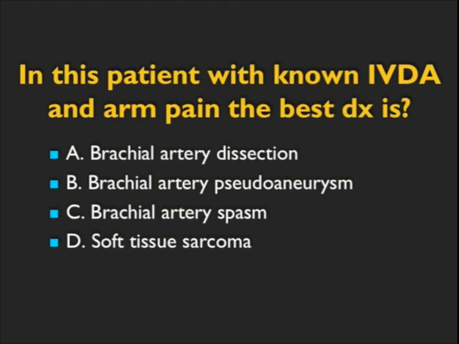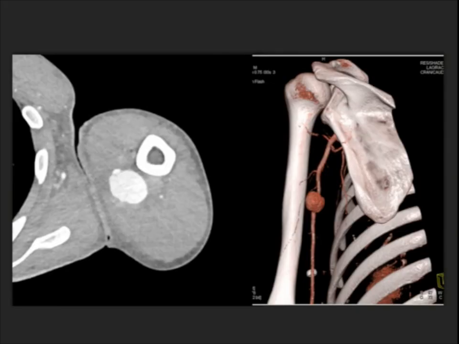This patient had known IV drug abuse. Patient was injecting drugs and had pain in the arm. What's the diagnosis? Well, without looking at the images, you always think of complications like abscesses, osteomyelitis, but you also think of vascular complications. And here's a beautiful pseudoaneurysm of the brachial artery.